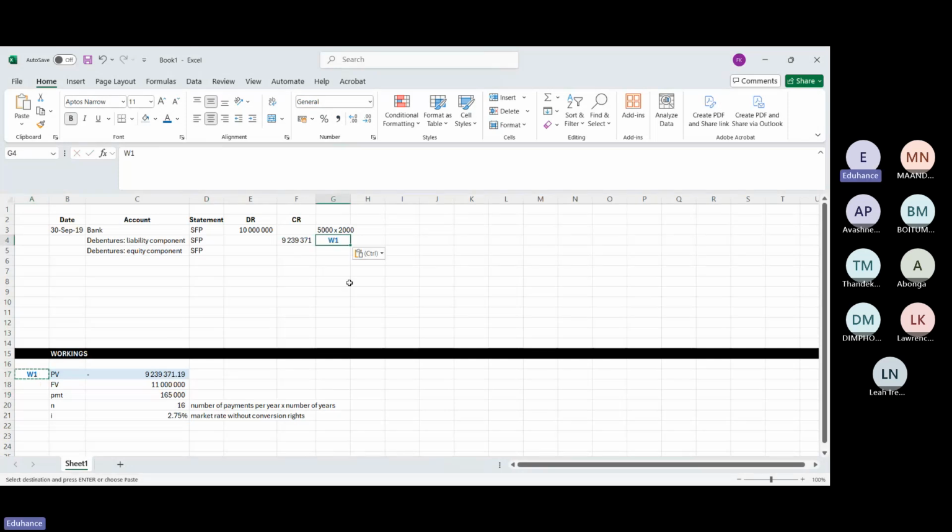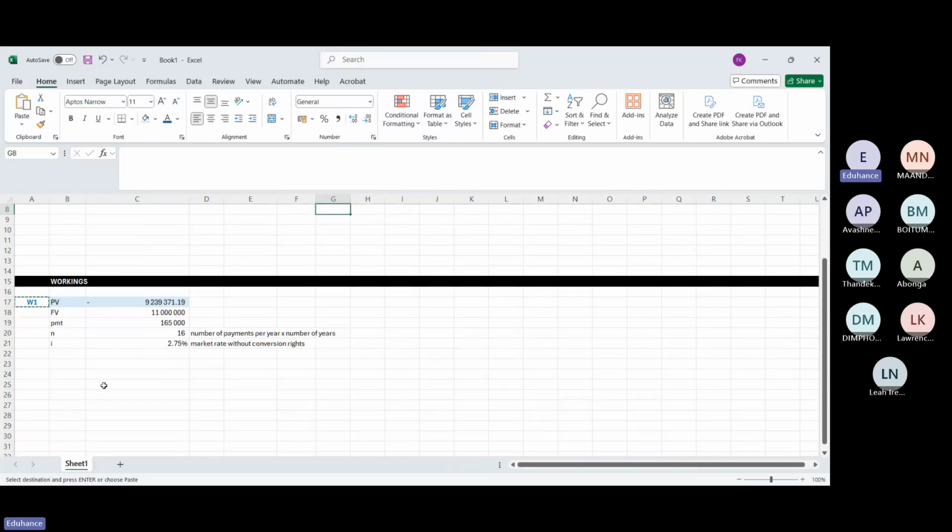Okay, so there's working 1. Then working 2, just to show you how we get the equity component. It will simply be proceeds less present value of liability, and this will give us our equity component.